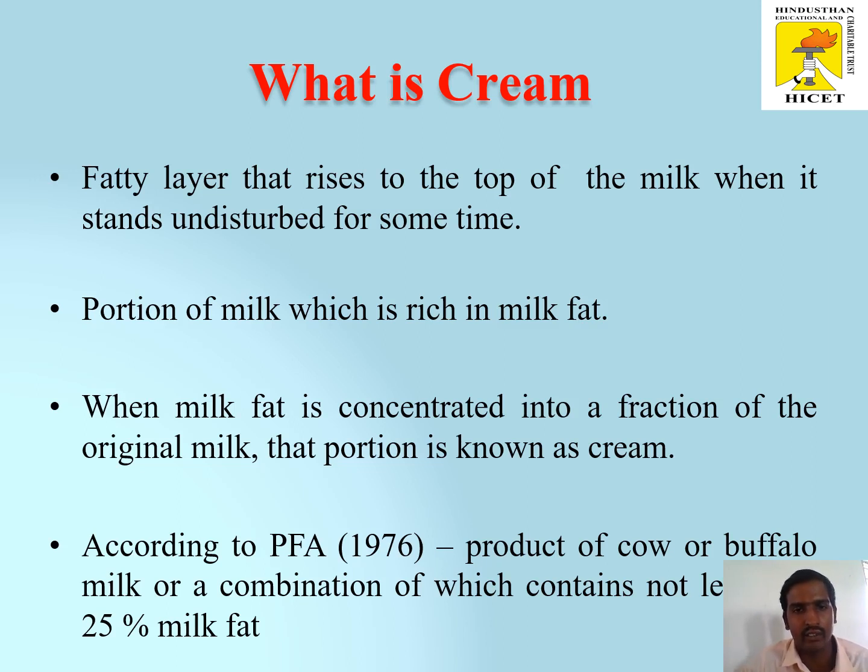And with the application of a heating process or a cooling process, we can find the layer present on the top of the milk. This is because of the density difference between the solid particles present in the milk and the water.